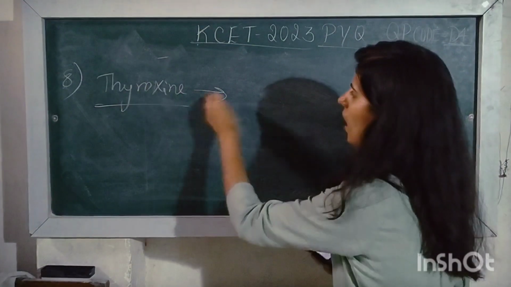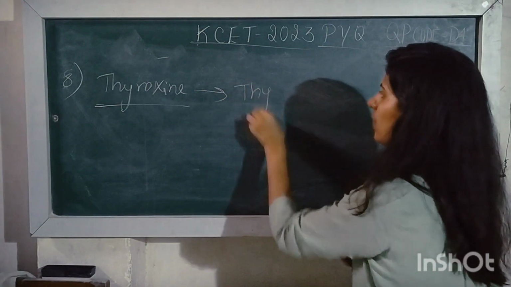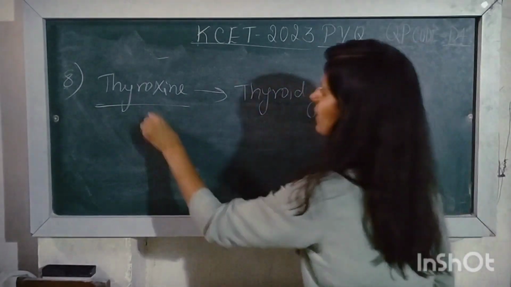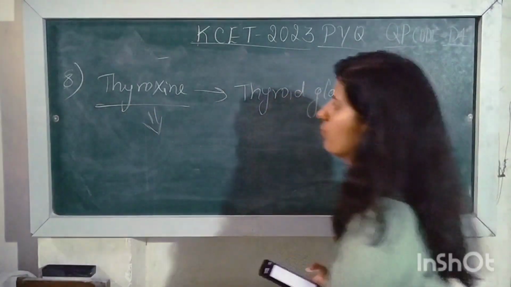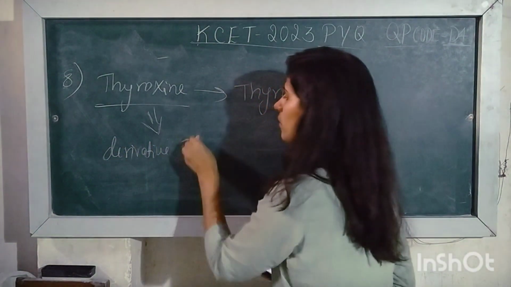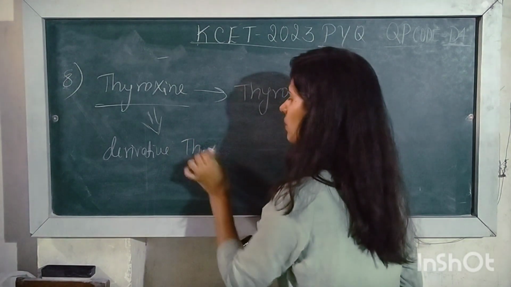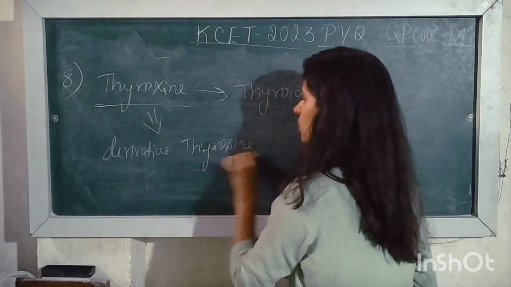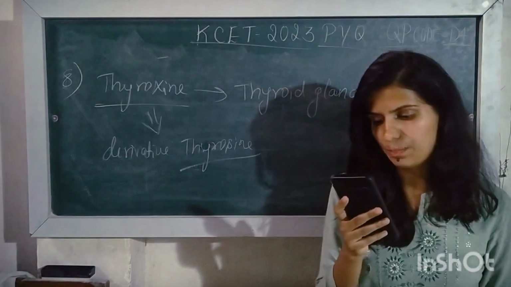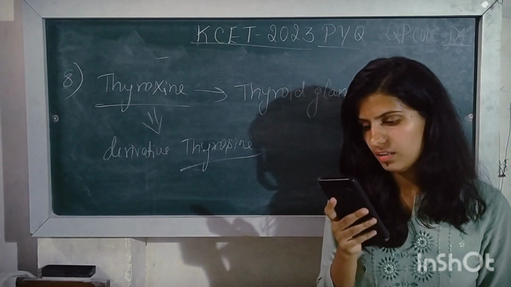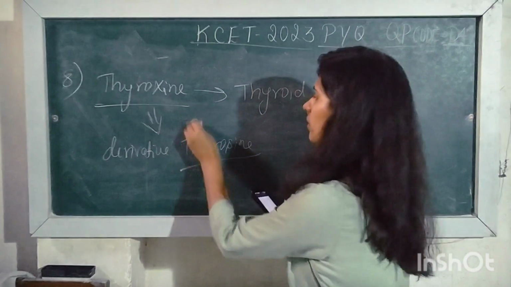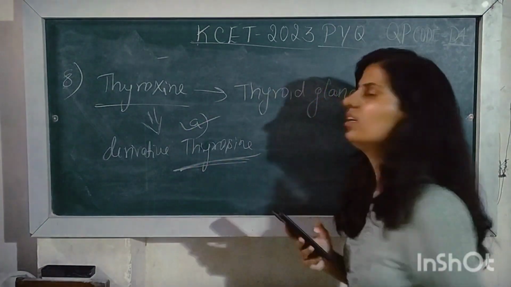This is a hormone which is produced by thyroid gland. And this is a derivative of what? This is a derivative of tyrosine. So in the options they have given option A tyrosine, B tryptophan, and C arginine and lysine. So option number A is the correct option here. Tyrosine is the correct option.